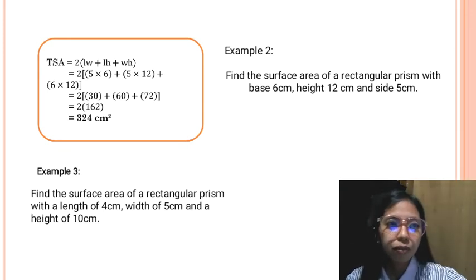Then we will derive 2 times 30 plus 60 plus 72, so we get 2 times 162, and 2 times 162 equals 324. So our final answer, or the surface area of the given rectangular prism, is 324 centimeters squared.